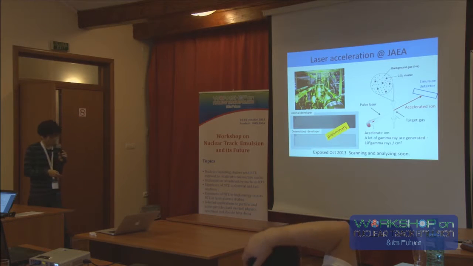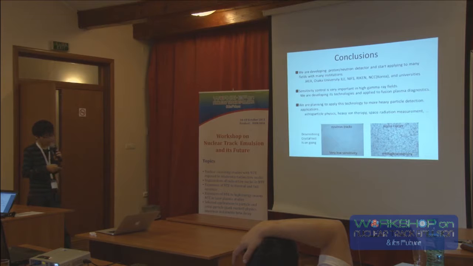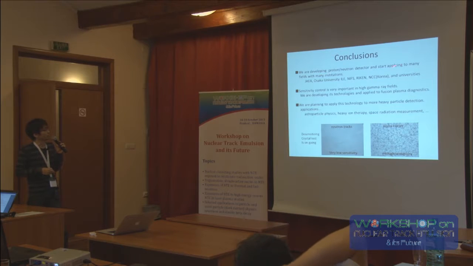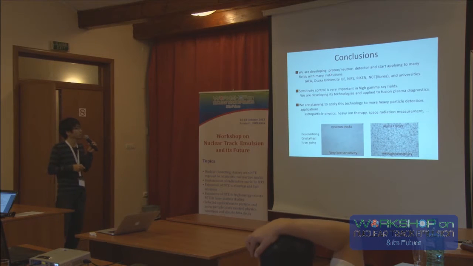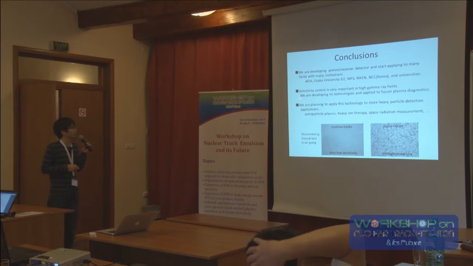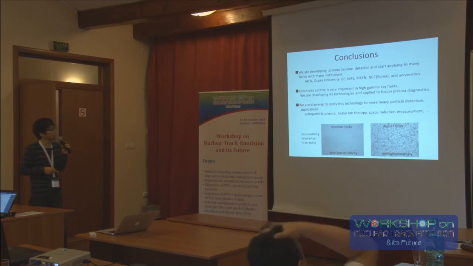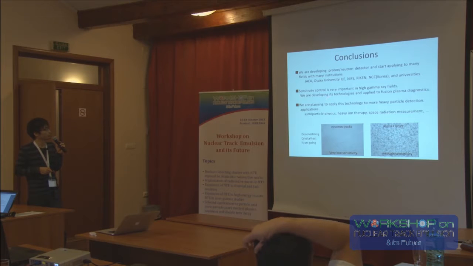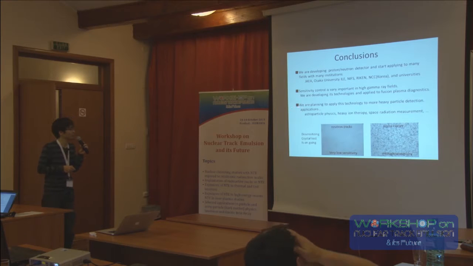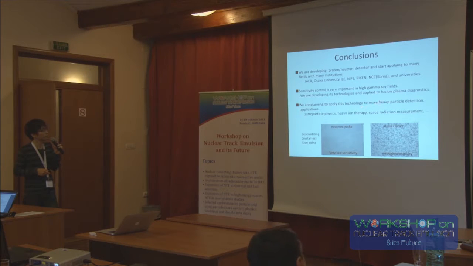So that's all. This is the conclusion. We are developing a proton neutron detector and starting to apply this technology to many fields with many institutions. Sensitivity control is very important in high gamma ray fields. We are developing this technology and applying it to fusion plasma diagnostics. We are also planning to apply this technology to more heavy particle detection applications, for example, like this.